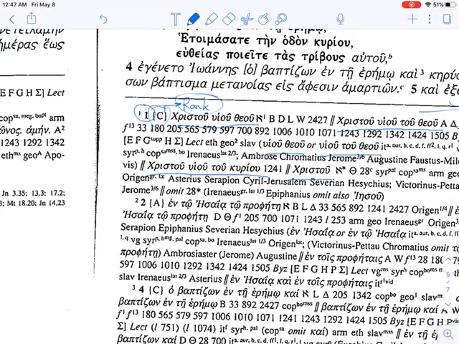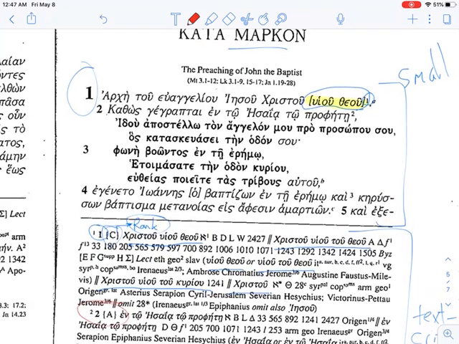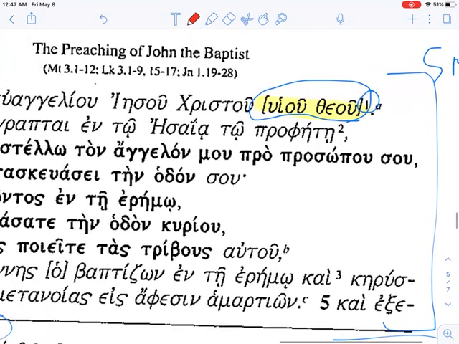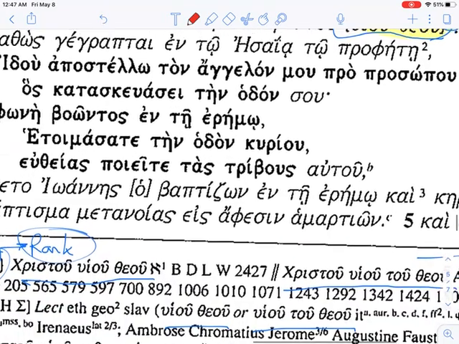So if you notice later on, there is an A ranking at the end of the first line of verse 2. And so again, they're almost certain that the original words are en to Hesaia to prophete.